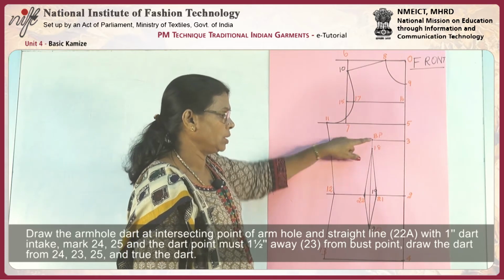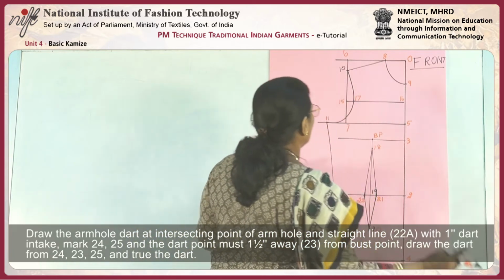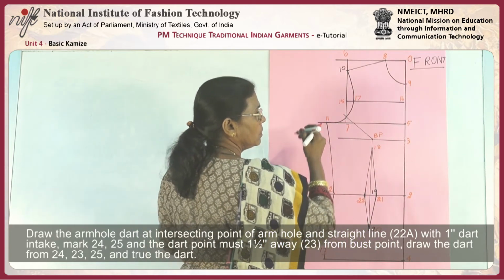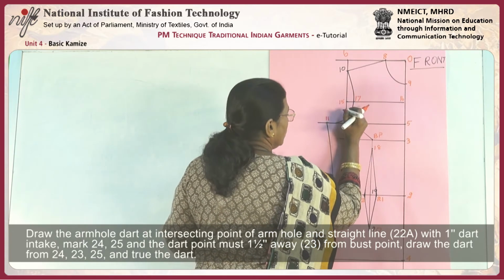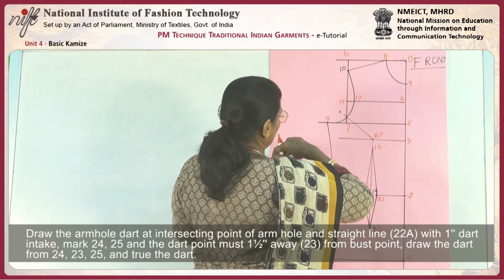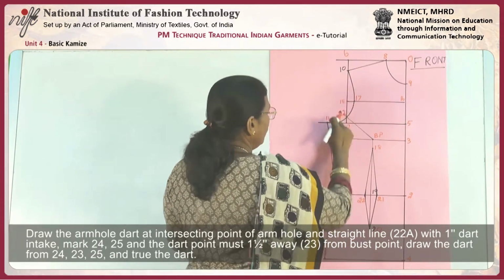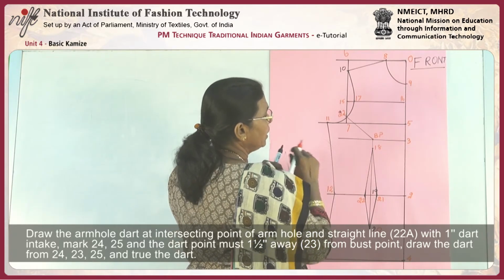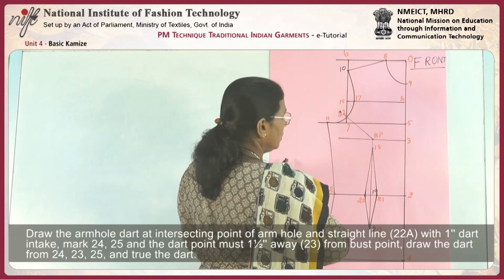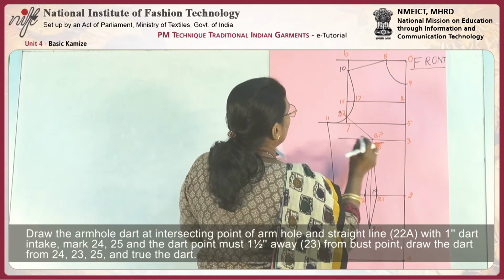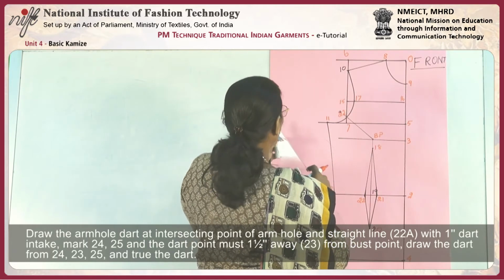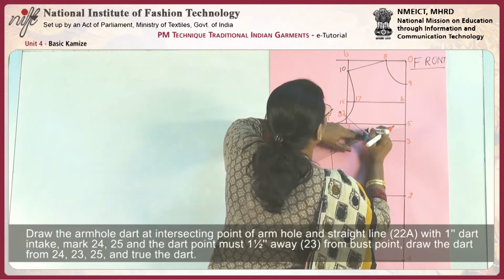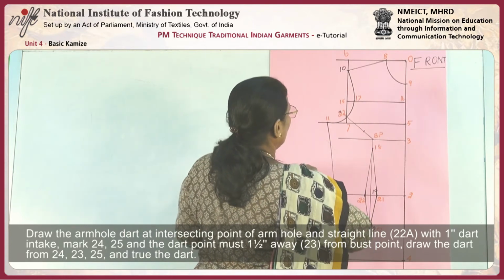It should face the bust point. 22 is the point where the curve and the straight line intersect, and take a line from 22 to bust point and then mark 23, which is 1.5 inches away from the bust point. This is 23.